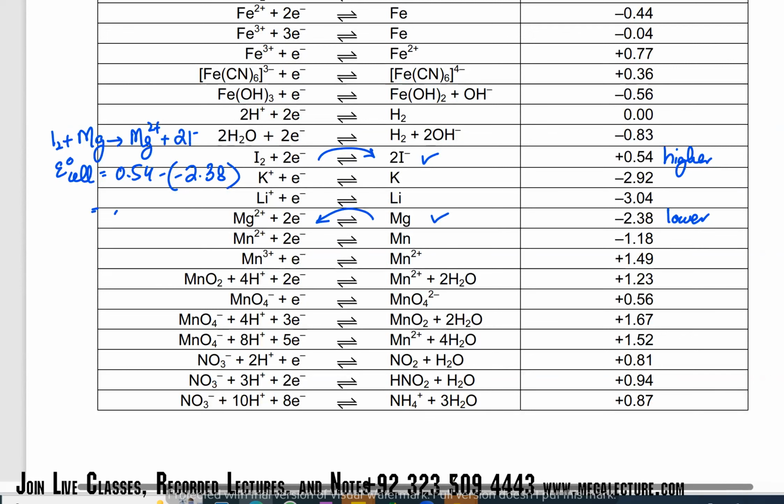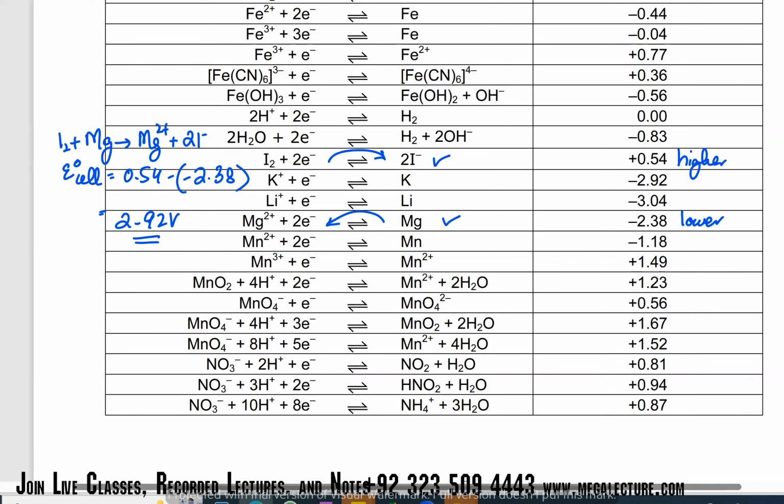So what I'm going to get, I think, is 2.92. Yeah. तो ये clear है कि how you're going to do this? Is this clear? Yep, it's clear.